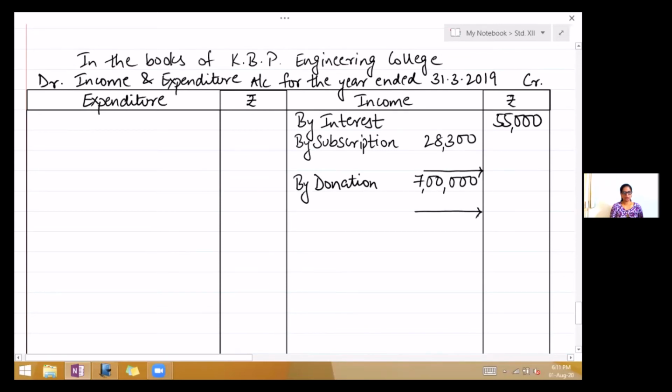Next is tuition fees. So income by tuition fees, ₹12,30,000. Term fees, again income. So by term fees, 2,08,000.